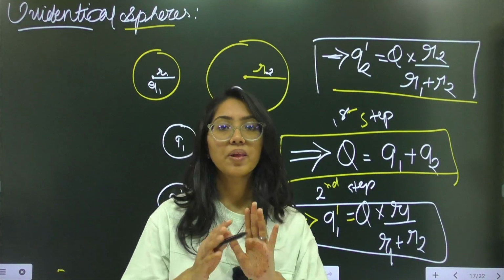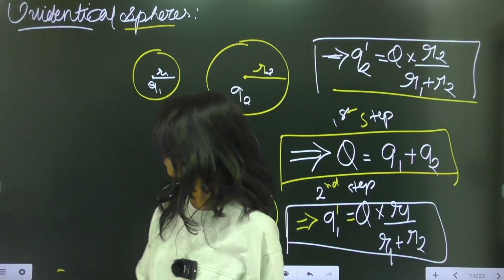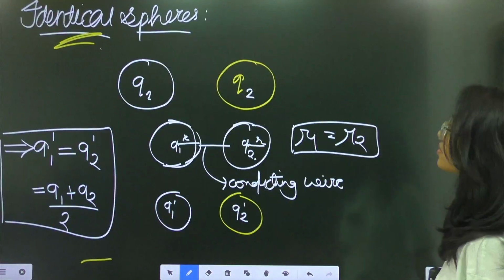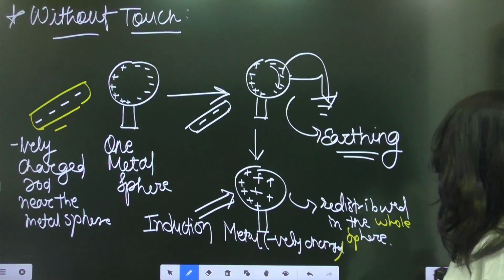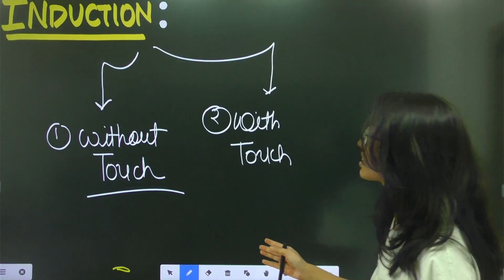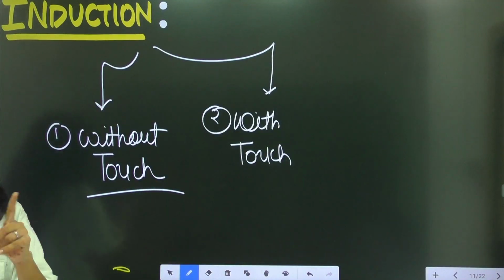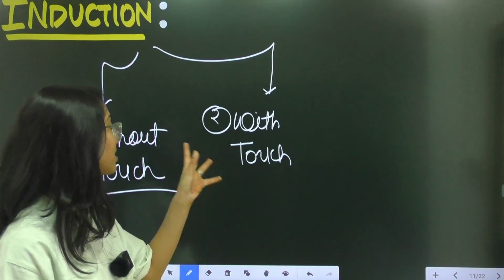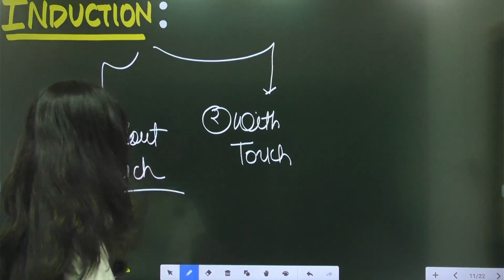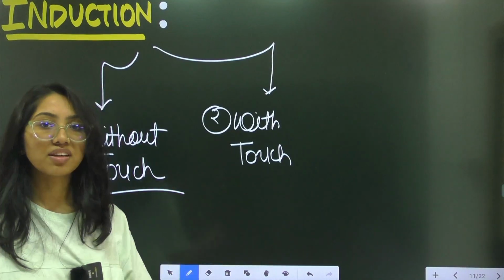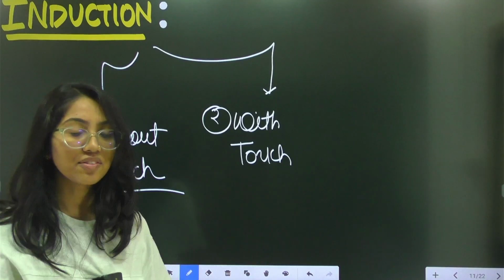Okay, so our induction is completed. What did we study in induction? That we can induce charge with two types of methods: with touch or without touch. Without touch, we can do it by earthing and bringing the metal rod near the sphere and all that we studied, right?